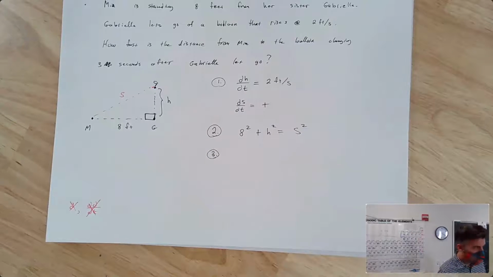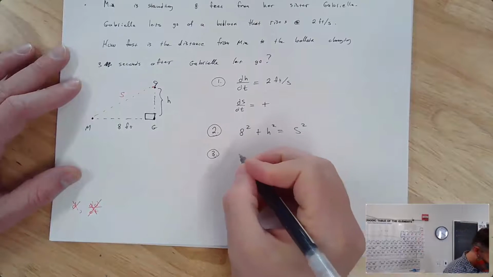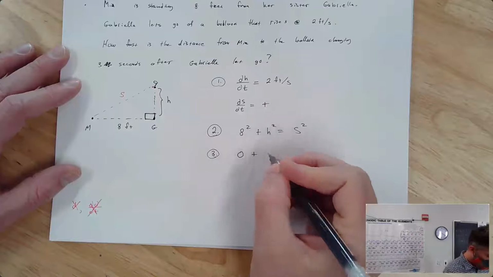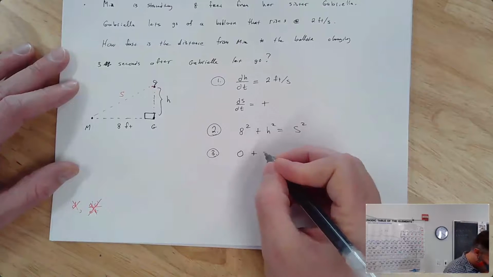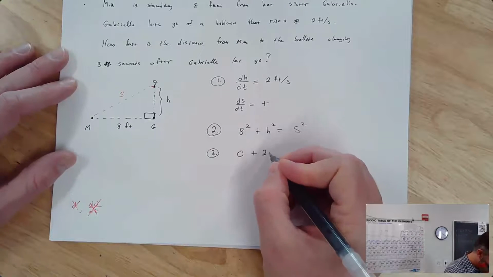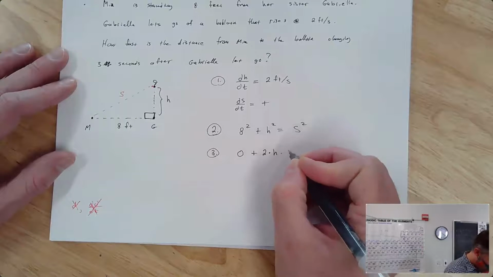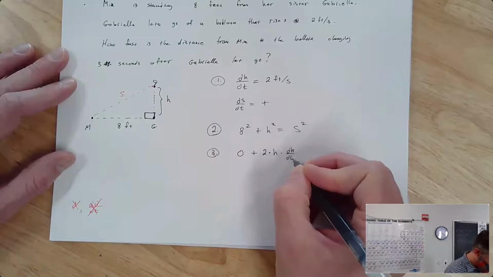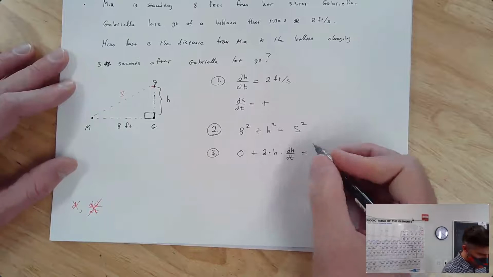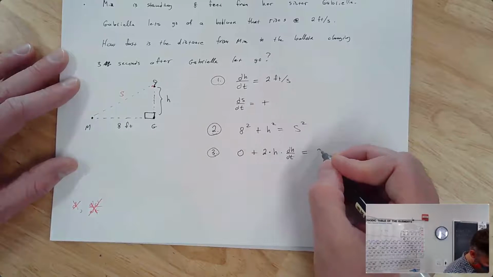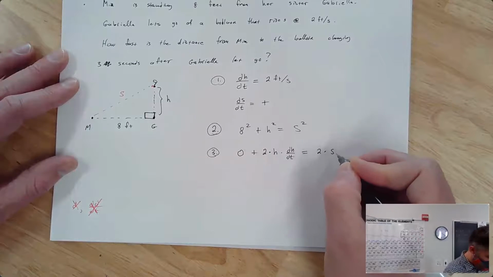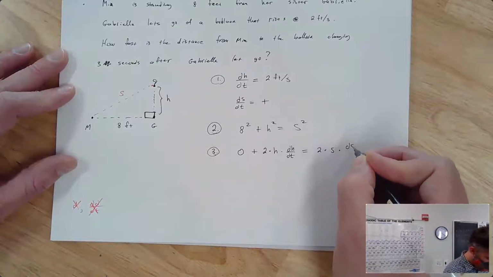What's the derivative of 8 squared? Thank you. Yes, it's a big old 0. And the derivative of height squared: there's some stuff squared, which is 2 times your stuff to the first times the derivative of your stuff. And it's equal to the derivative of s squared, which is 2 times your stuff to the first times the derivative of your stuff.